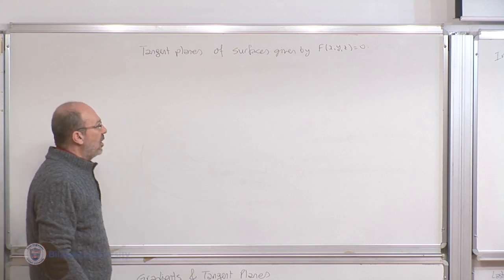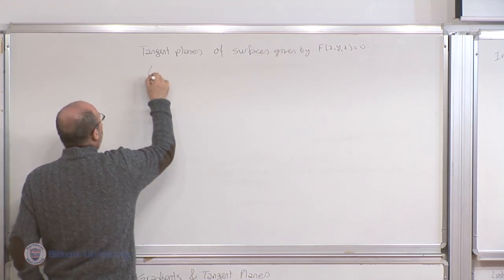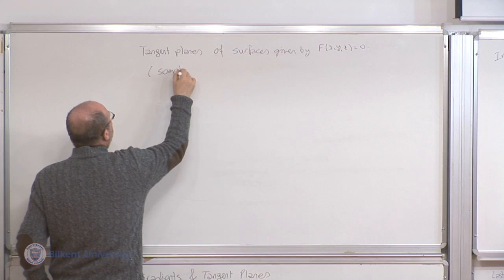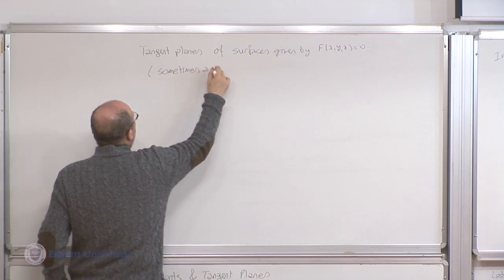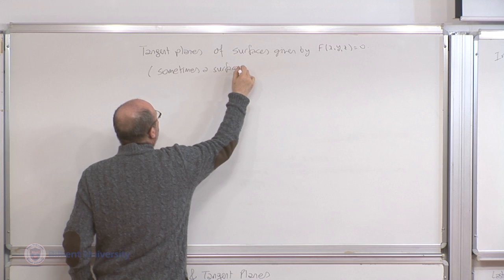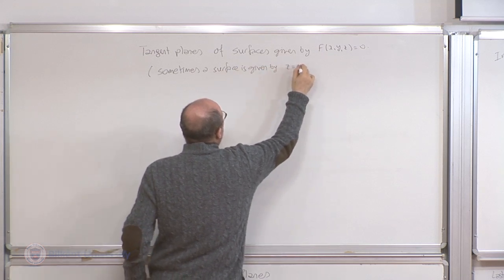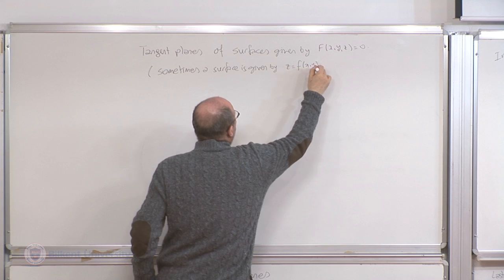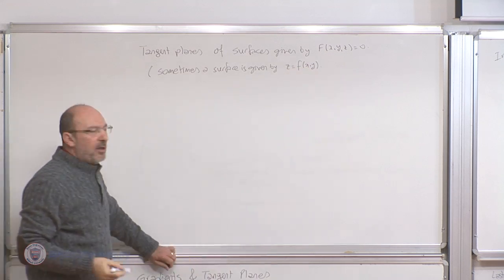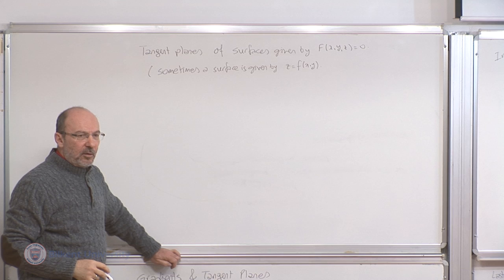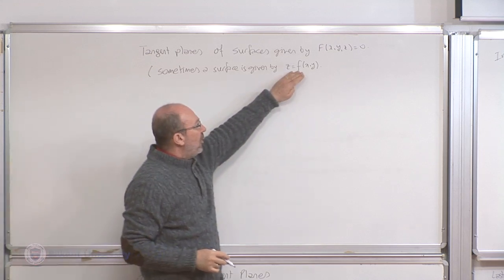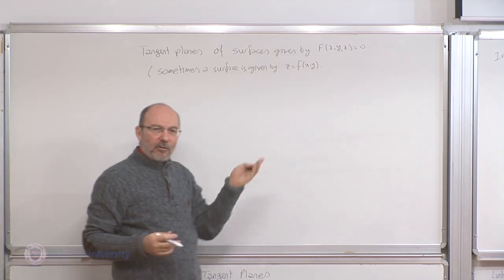Okay, so sometimes a surface is given by z equals f of xy. Okay, so this is the easier way. When you describe it like this, then your function is nice.